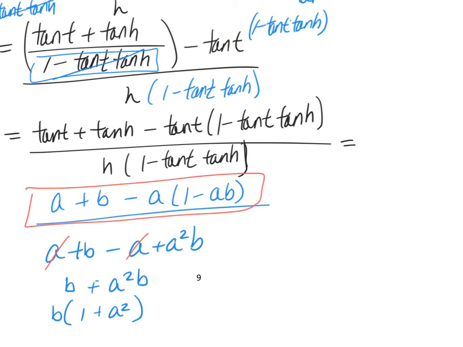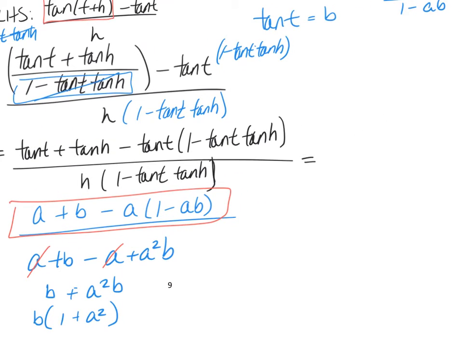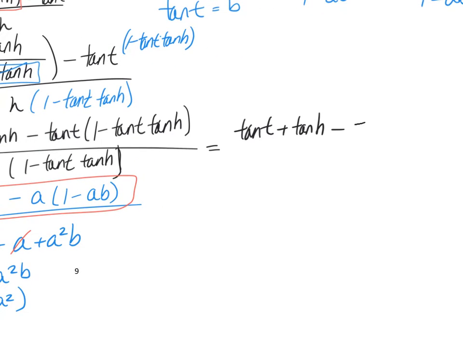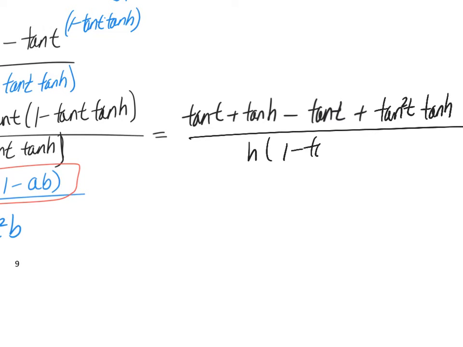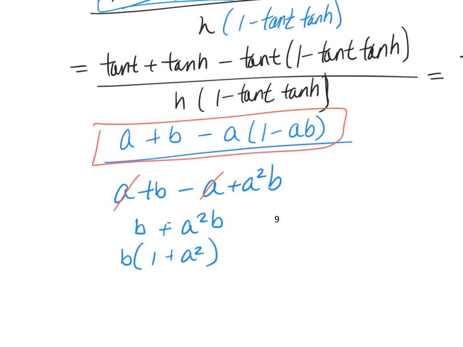So this is going to be equal to the tangent of t plus the tangent of h minus the tangent of t plus the tangent of t, tangent squared t, tangent of h, all over that denominator, which is 1 minus tangent h, tangent t. All right, so I am at this step right here.